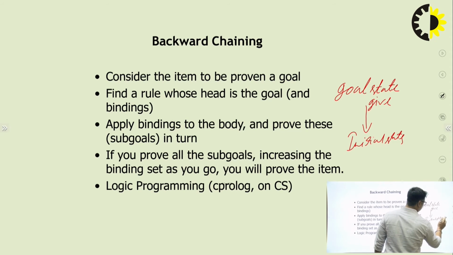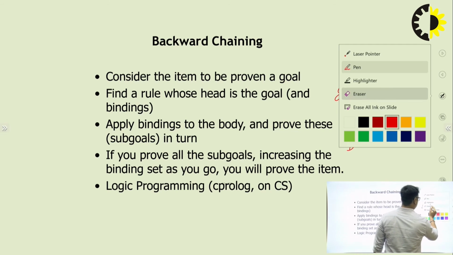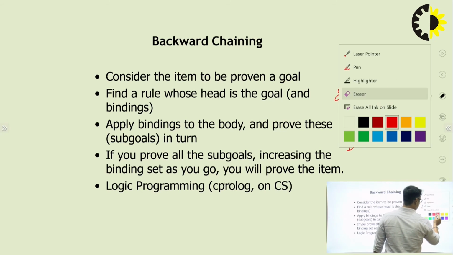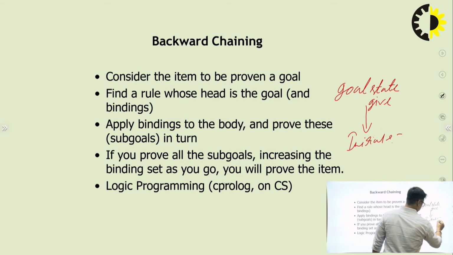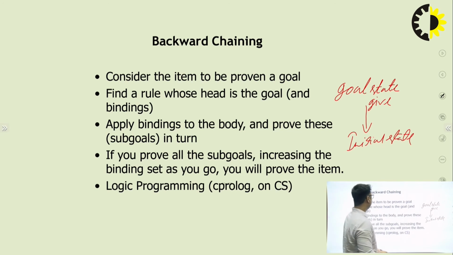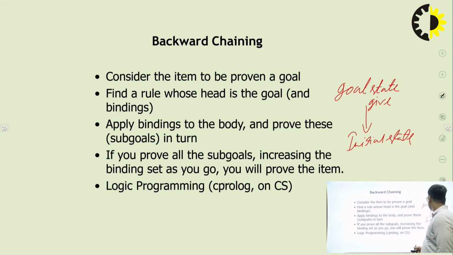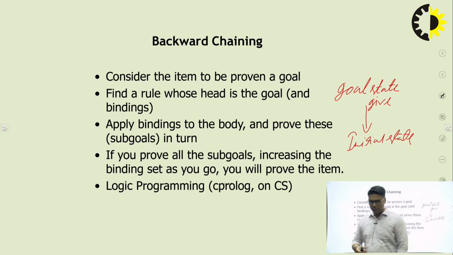That is already used in DFS. You have already used it in DFS, because in DFS I have to use backtracking and forward tracking. So first, in backward chaining the goal state is given, and we move on to the initial state.